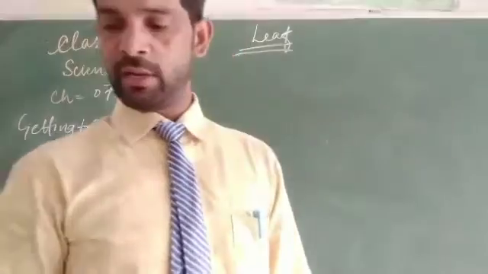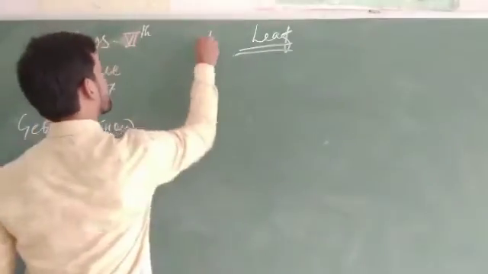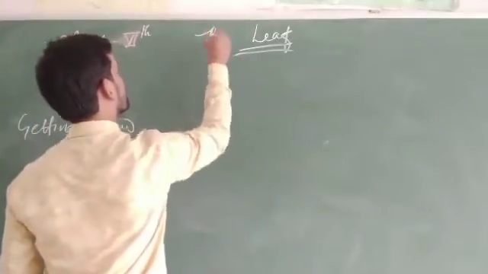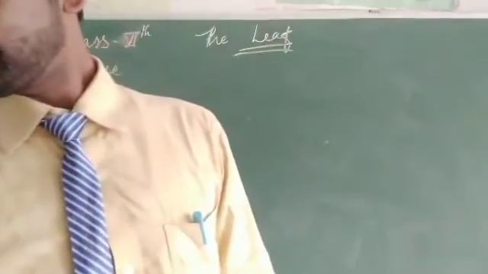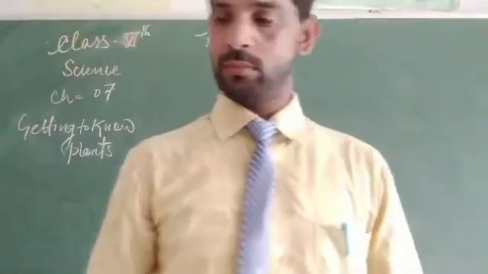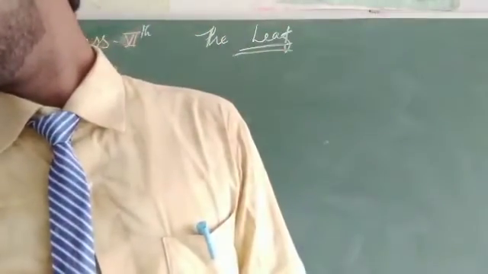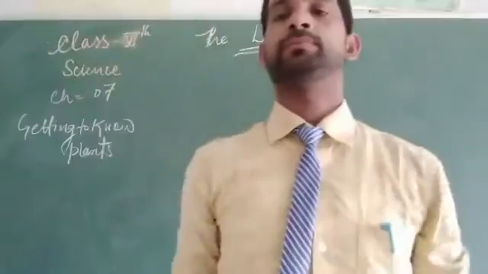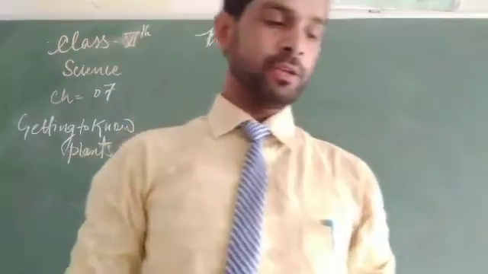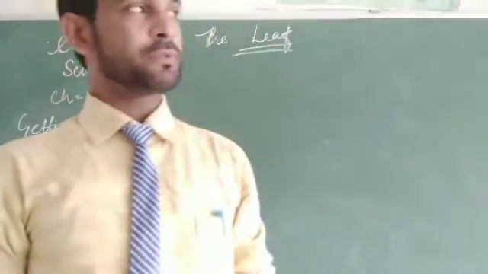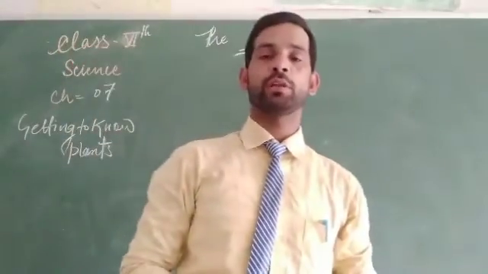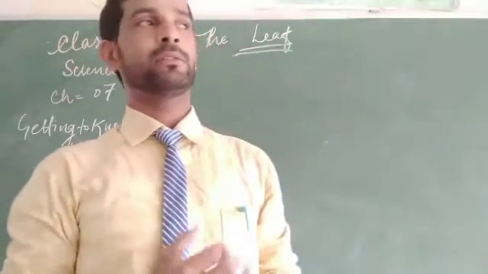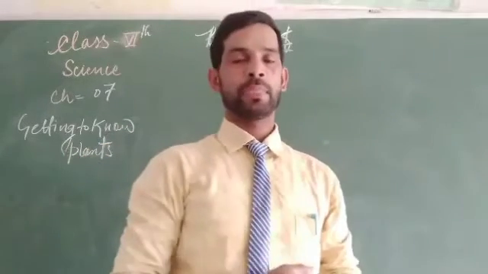So what can we say about the leaf? What is the leaf? Leaves are the most vital part of the plants, playing a very important role in storing food by synthesizing sunlight.